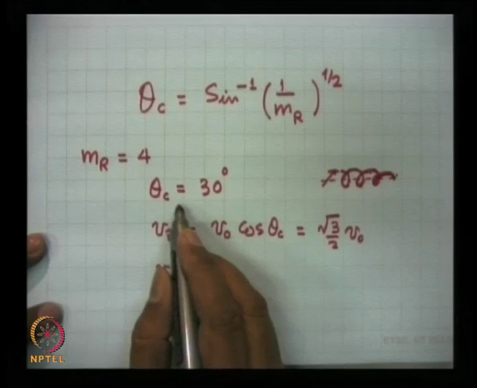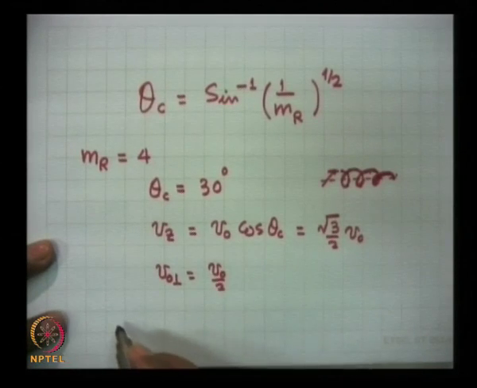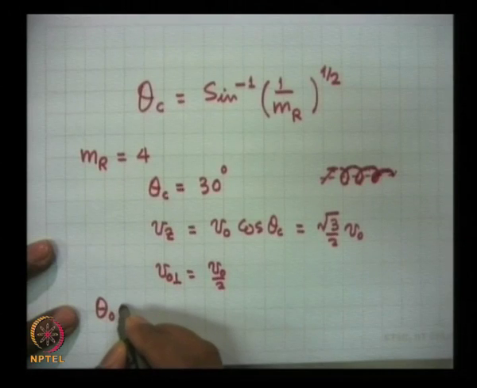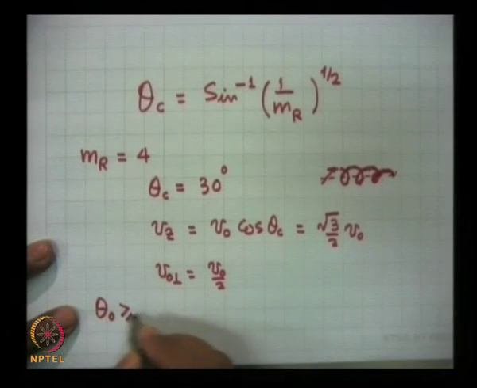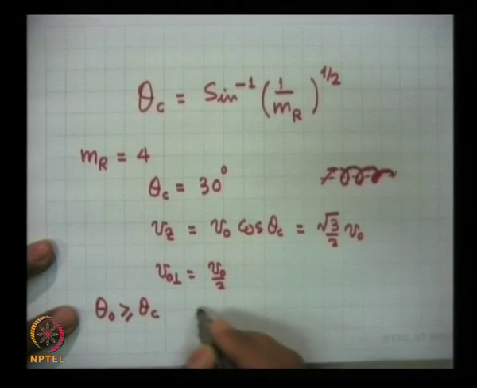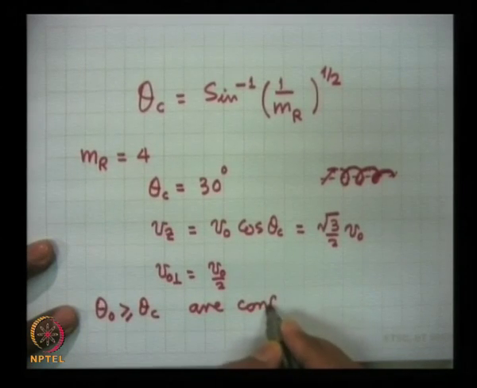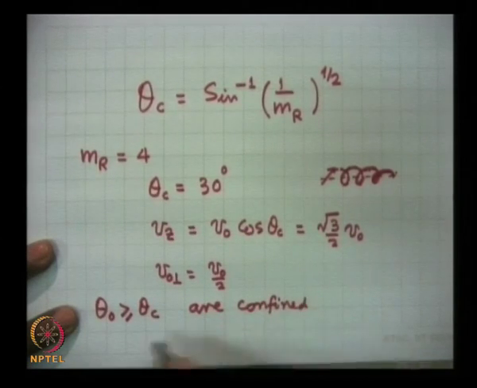Whereas all electrons with theta bigger than theta c will be trapped. So, the electrons with theta 0 greater than or equal to theta c are confined, and theta 0 less than theta c will be lost.